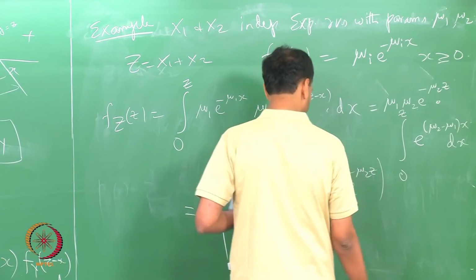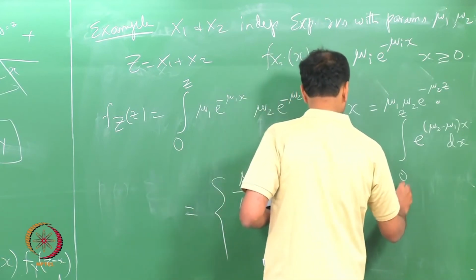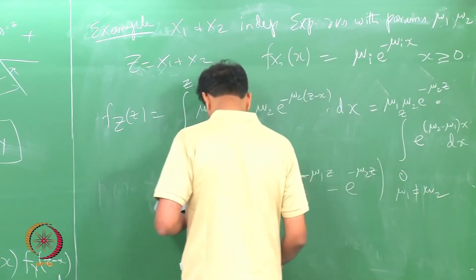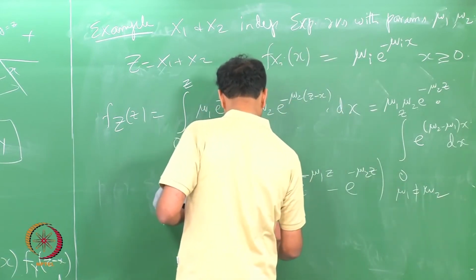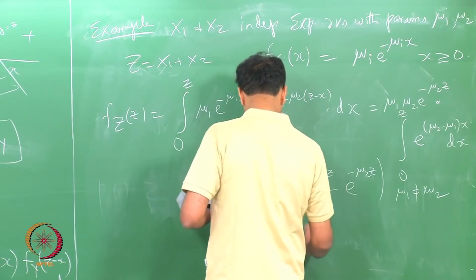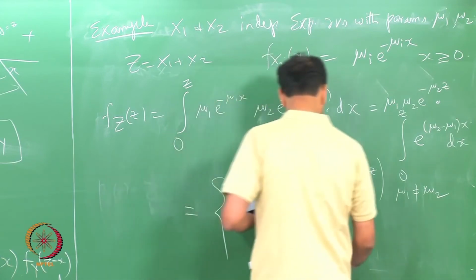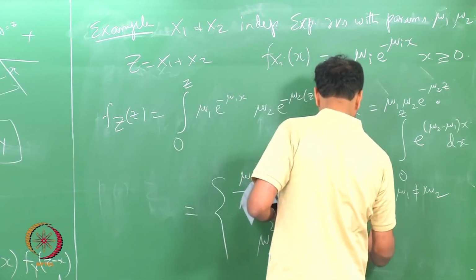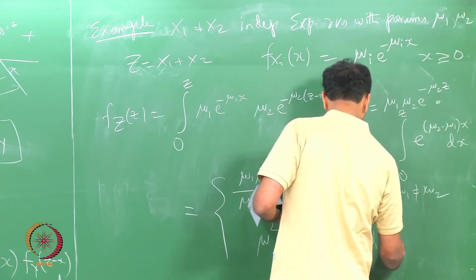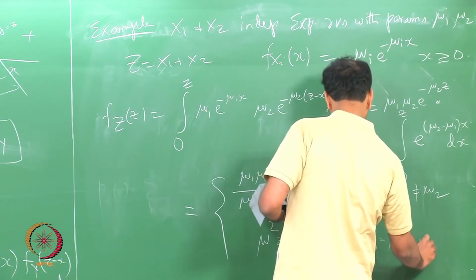This is true if mu 1 is not equal to mu 2, and this will be equal to mu squared z e power minus mu z if mu 1 equals mu 2 equals some mu.